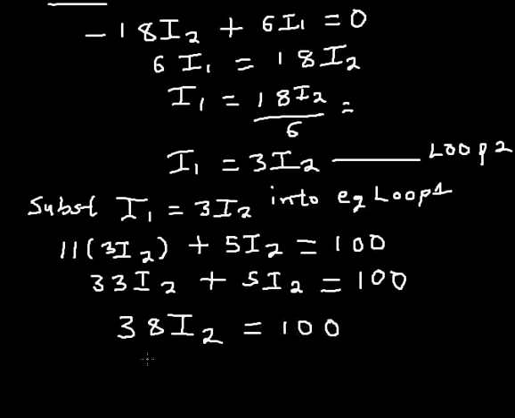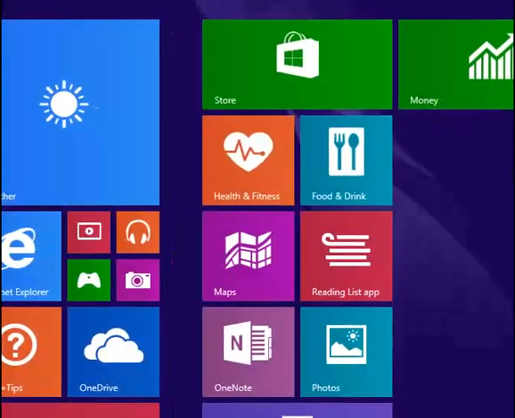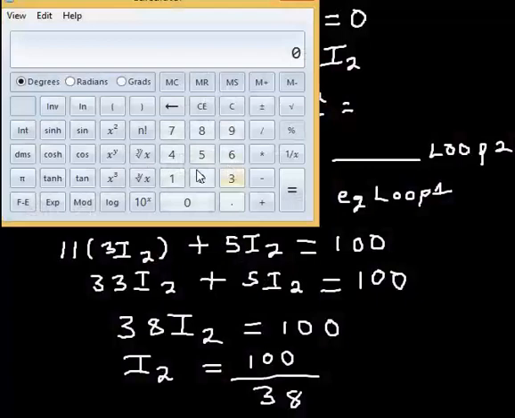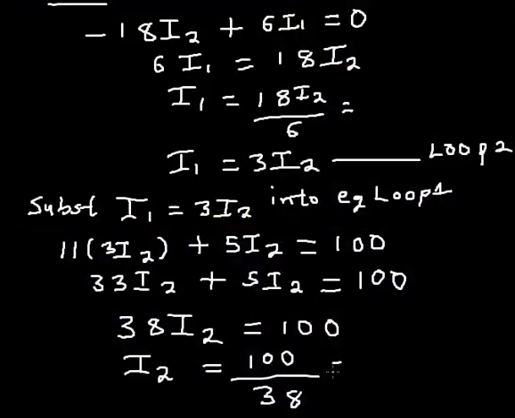So what does that simply mean? My I2 is going to be equal to 100 over 38. Let's work on that with a calculator. 100 divided by 38 gives approximately 2.6 ampere. So if I2 is 2.6 ampere, how do I now get I1?